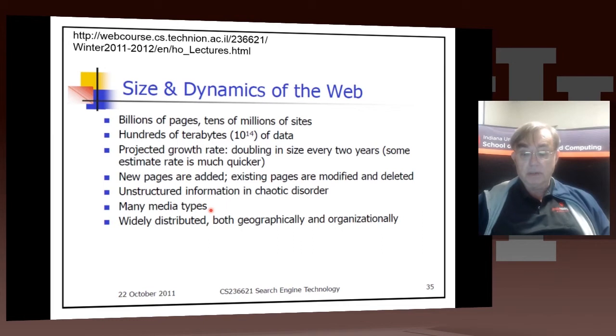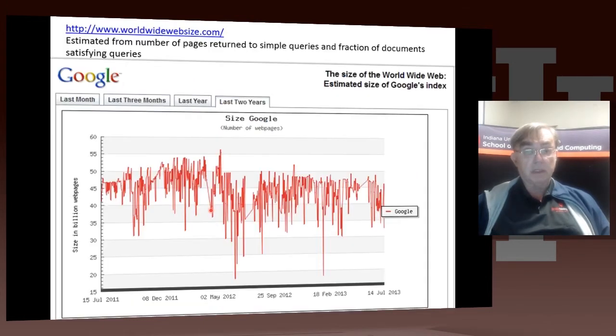And of course, this goes on around the world in lots of different languages. So here's a picture from WorldWideWebSize.com, which estimates the size of the web by doing simple queries to Google or Bing. This is the Google results. Bing results are somewhat smaller, and see how many documents are returned.